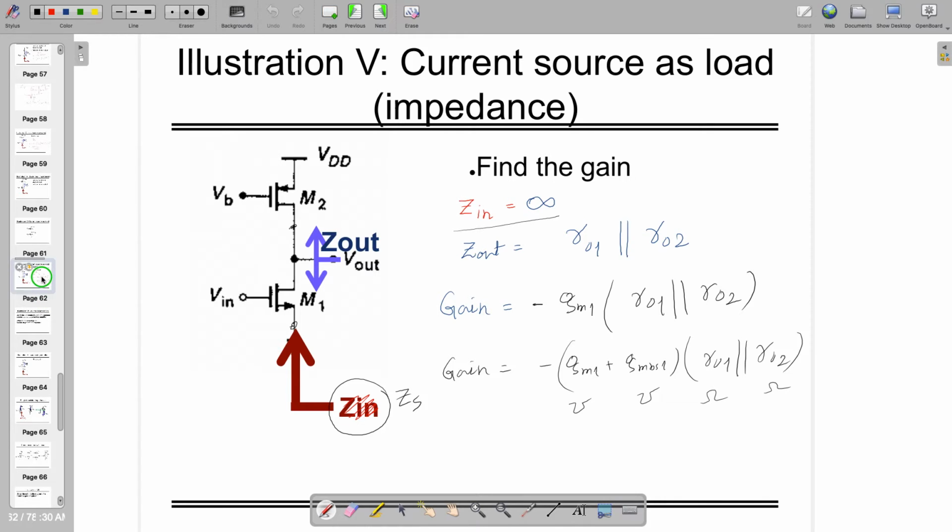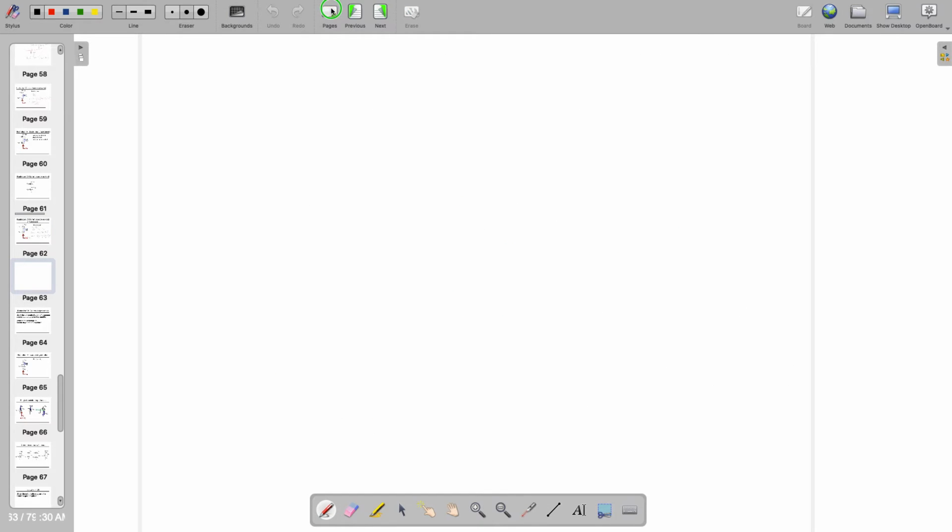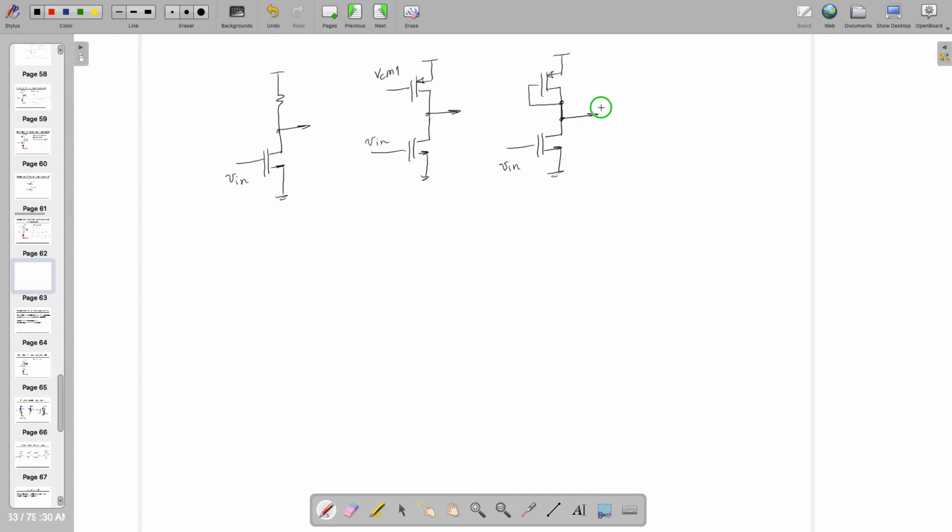Okay. So any problem in common source? Any problem in common source application? Raman. So just reviewing what we have done. We have considered various loads.